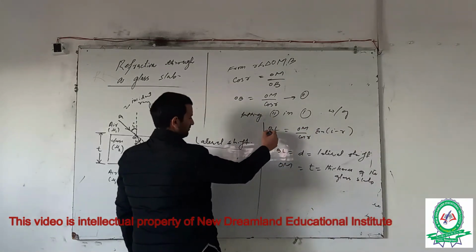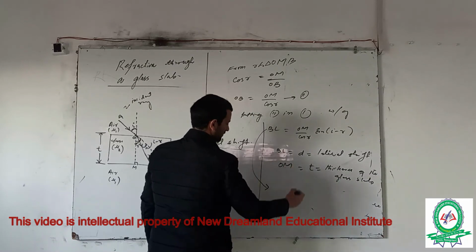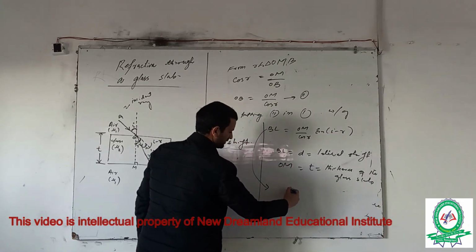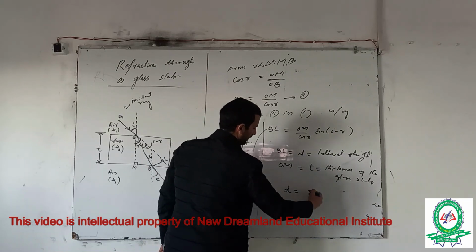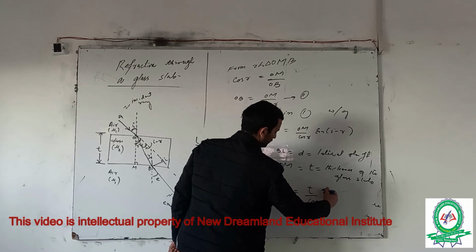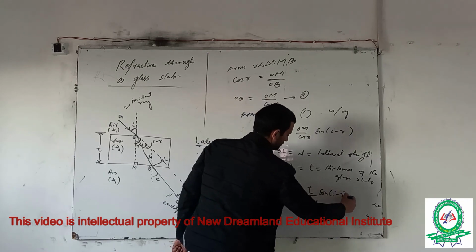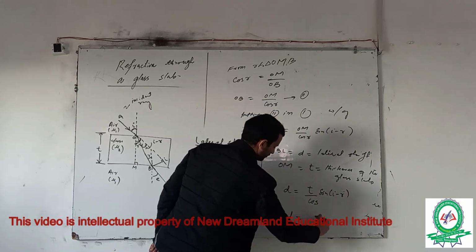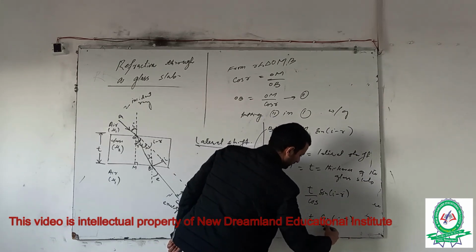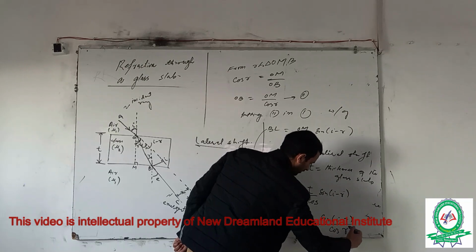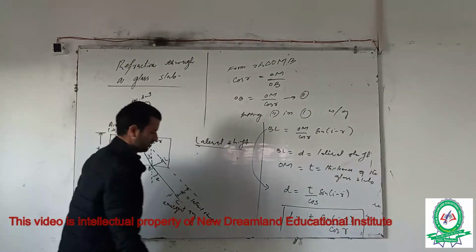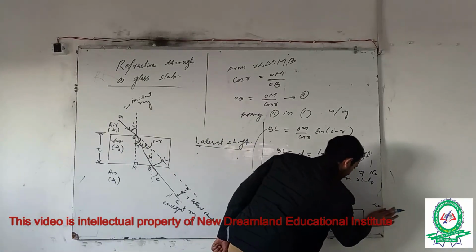So this equation becomes BL, which is the perpendicular distance between the direction of the incident ray and emergent ray, that's D, equal to OM, that is T, divided by cos of R into sine of I minus R. Yeah, D equal to T times sine of I minus R divided by cos of R, and this is the required expression for the lateral shift.